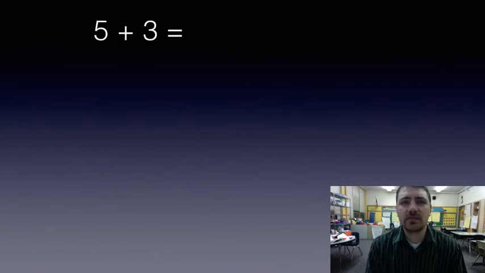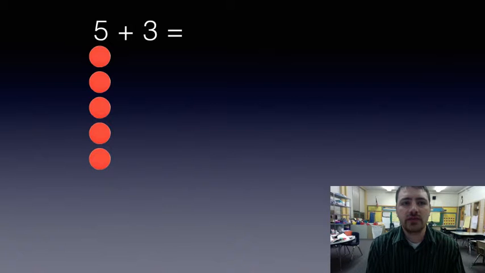So sometimes when you're looking at addition problems, you might see some easier ones like this. If I showed you 5 plus 3, you would be able to know to get some counters to just add it together. For example, you could do 5 red counters, 1, 2, 3, 4, 5, plus 3 yellow counters, 1, 2, 3.